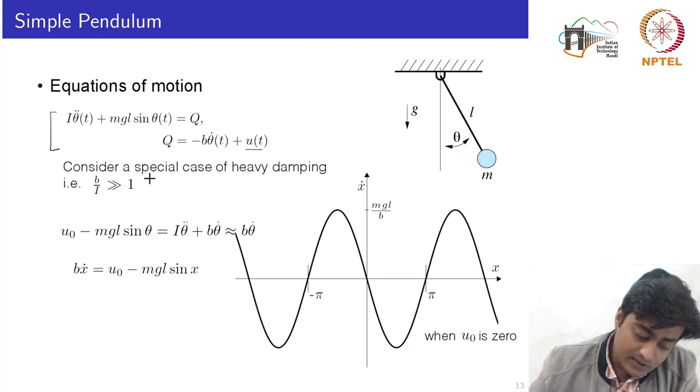Now if we consider a special case of heavy damping, that is B by I is very much greater than 1, then this relationship can be simplified to this equation.